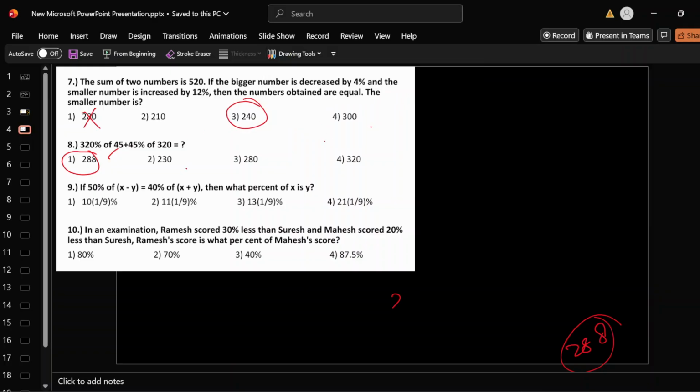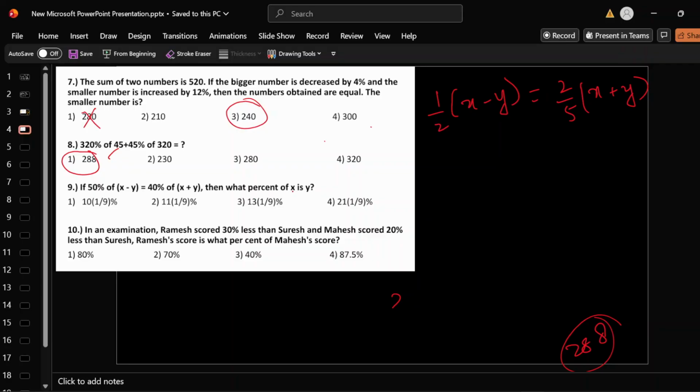Okay, next question, question number 9. 50% of x minus y. 50% means in fractions that is 1 by 2. 1 by 2 of x minus y equals to 40%. 40% means that is 2 by 5 of x plus y.